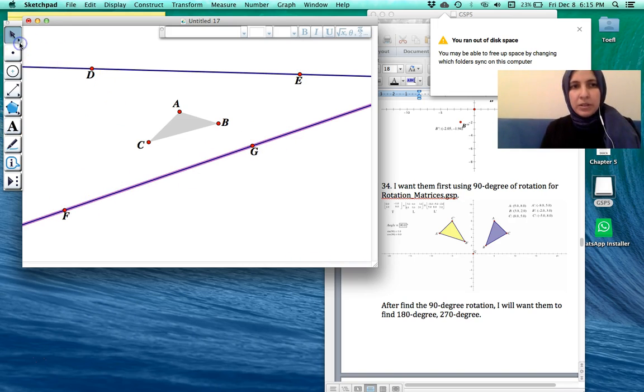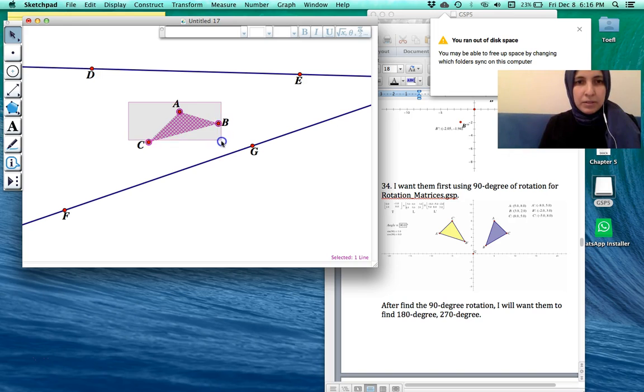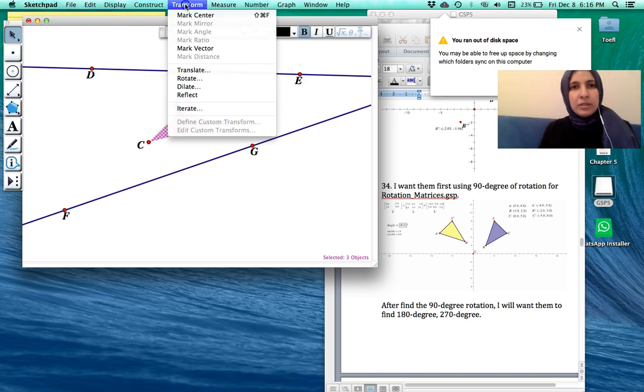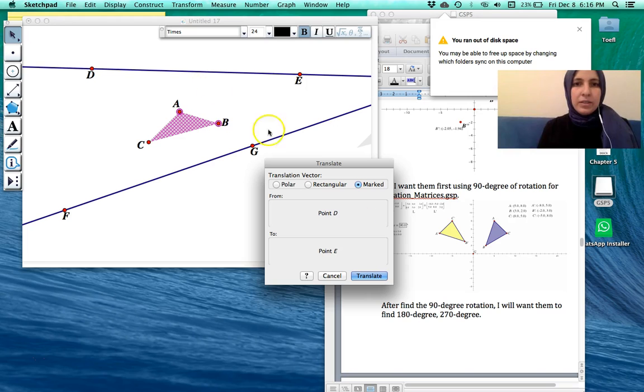It wants me first of all to translate triangle ABC using DE, and label the image A', B', and C'. Yes, first of all, as a mark center, I need to mark the vector, and then pick my triangle, and then translate.